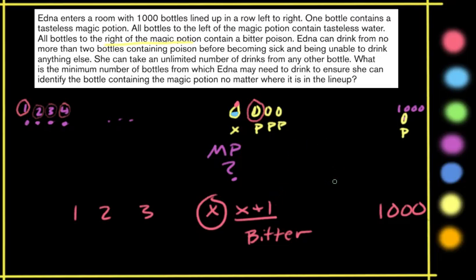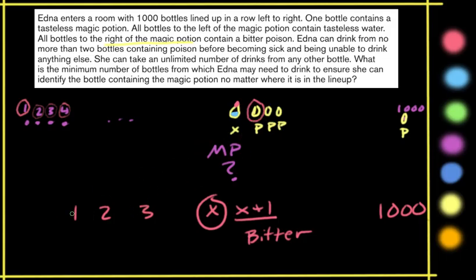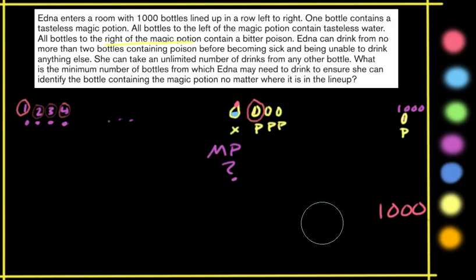You might think, well, she could just start drinking the odd ones, right? So what would happen if she did that? We got one case where it took 1,000. If she just did the odd ones, she would do number 1, and then number 3, and then number 5, and then number 7, and at some point she would taste a bitter one, right?